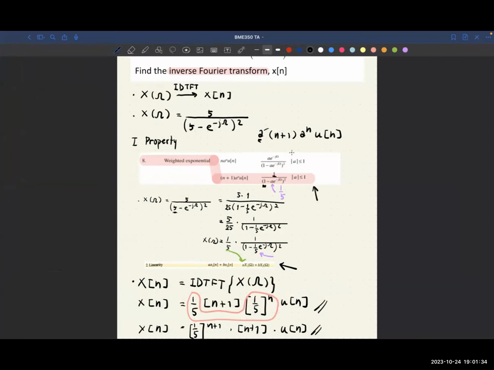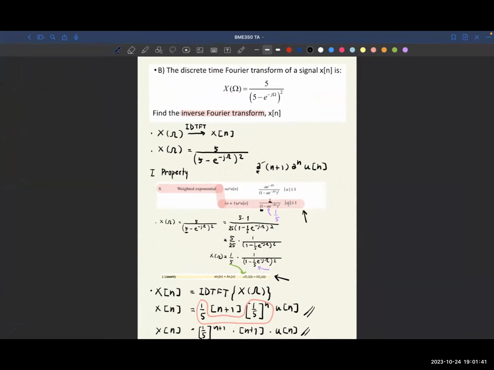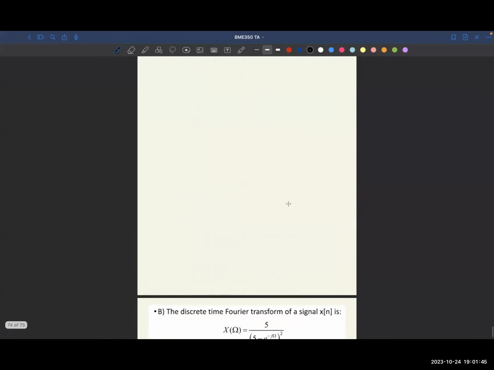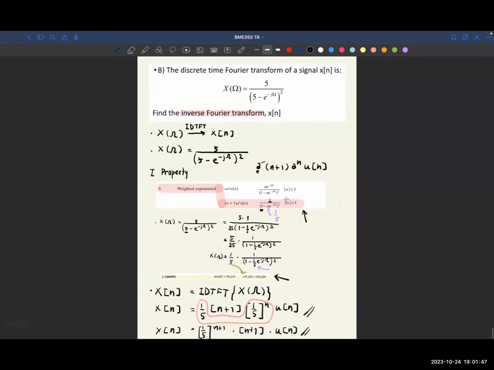Do you have any question, comment, or concern about the inverse Fourier transform before I go back and show you again how to put the previous question nicely? Could you just run through this problem? Because I kind of got confused where you have the X omega squared. X omega, linearity rule.